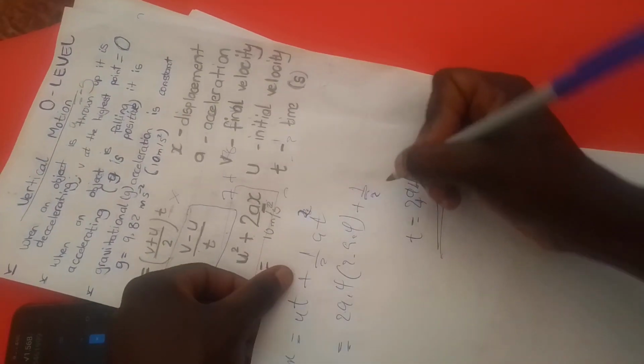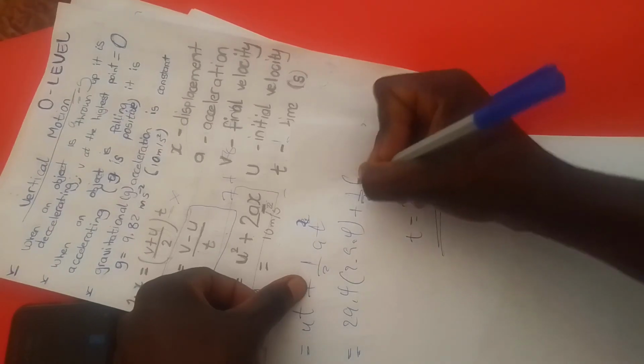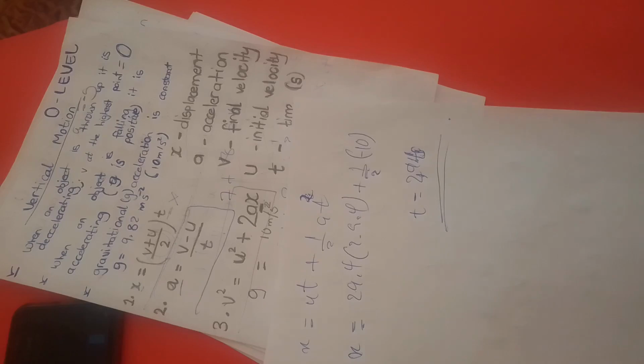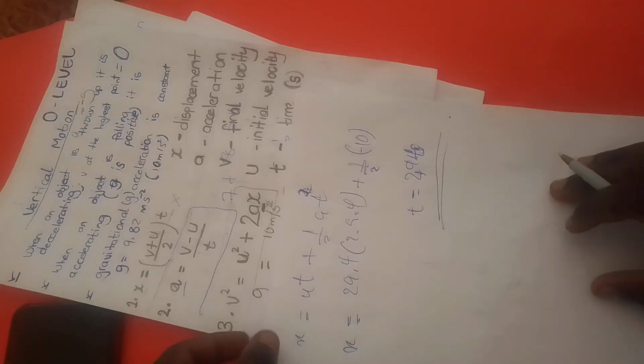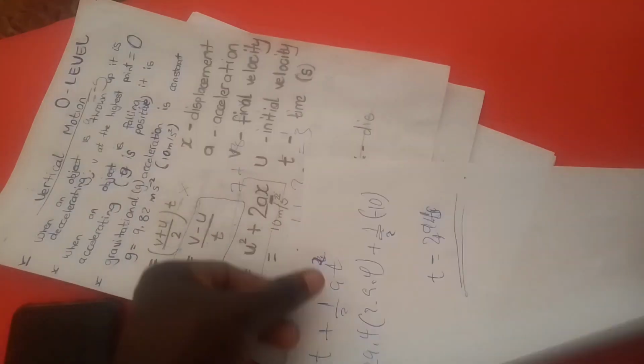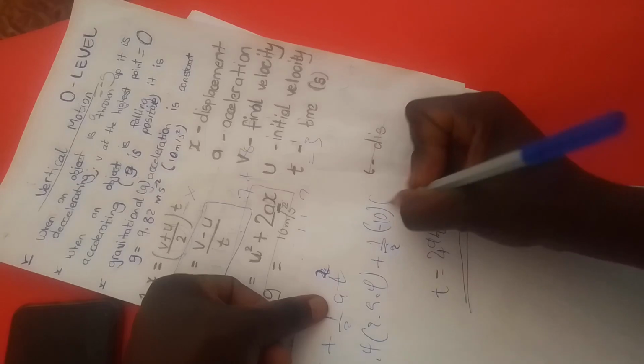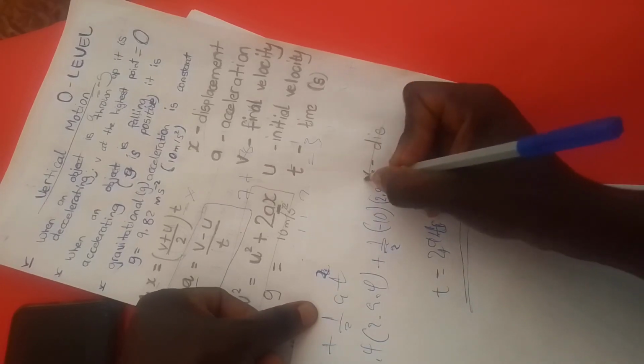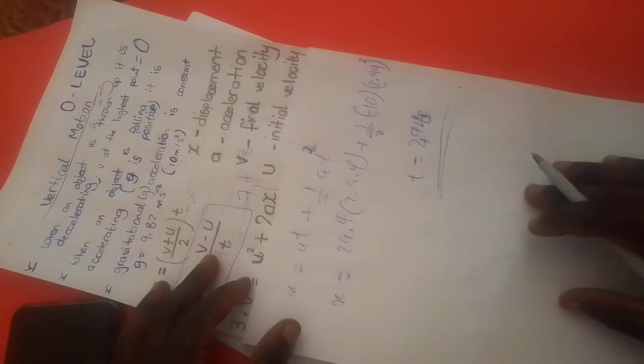Plus half of a, which was negative 10 meters per second squared. Why is it negative? Because the object is going upwards. Negative 10 times t squared. What is t squared? 2.94 squared. Okay, don't get lost here.